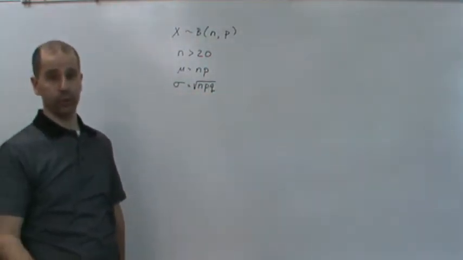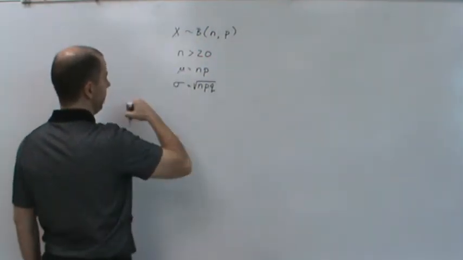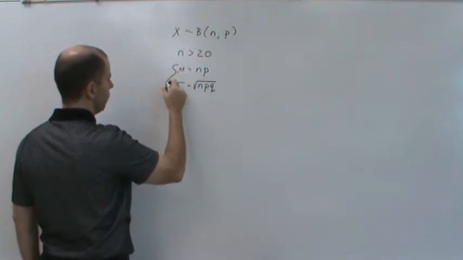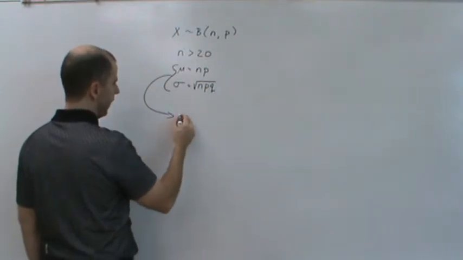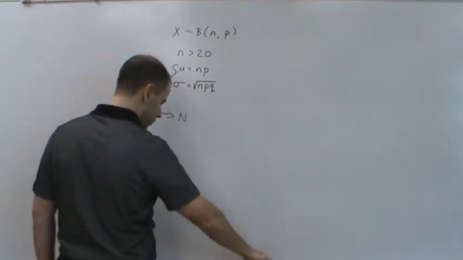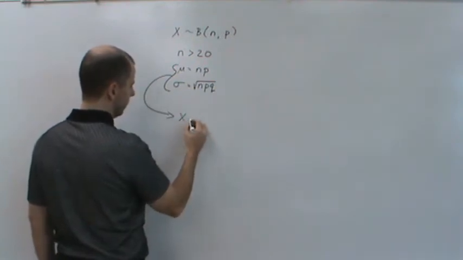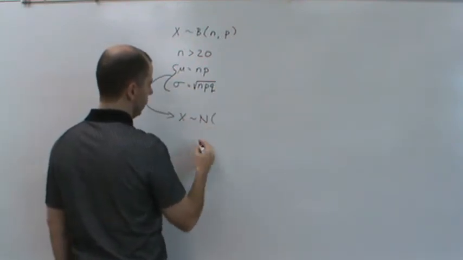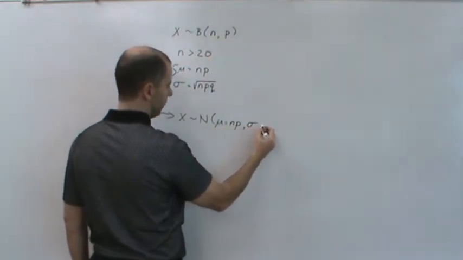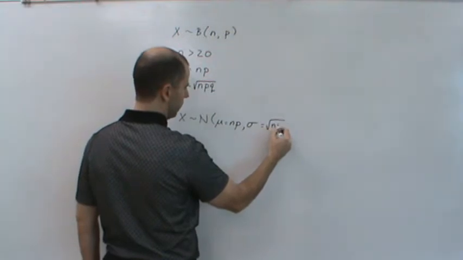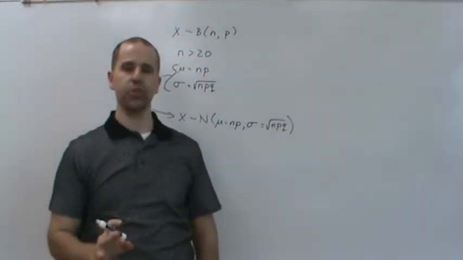We're going to use this information and assume that x is approximately normal with a mean of np and a standard deviation equal to the square root of npq. But there are a couple of conditions we have to meet.